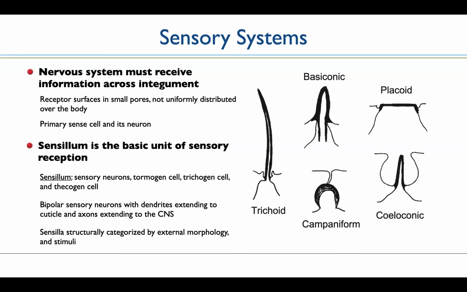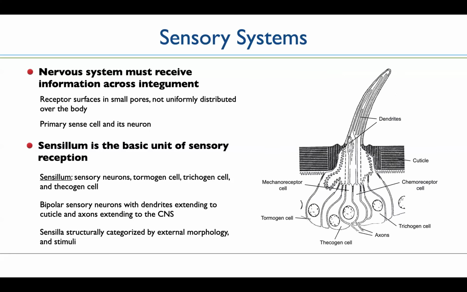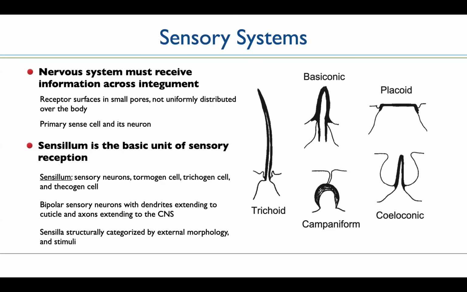And then coeloconic here, which tend to be more related to temperature and humidity stimuli. But overall, these sensory neurons have dendrites that extend to the cuticle and axons extending to the central nervous system. And again, they're structurally characterized by their external morphology as well as their functionality to a stimulus.